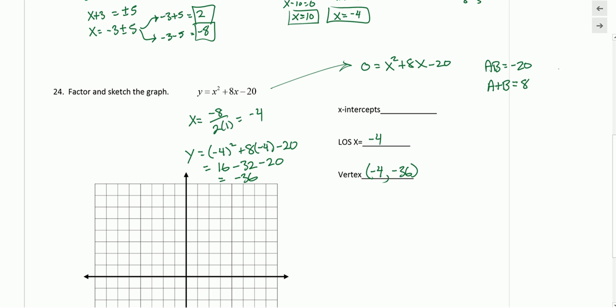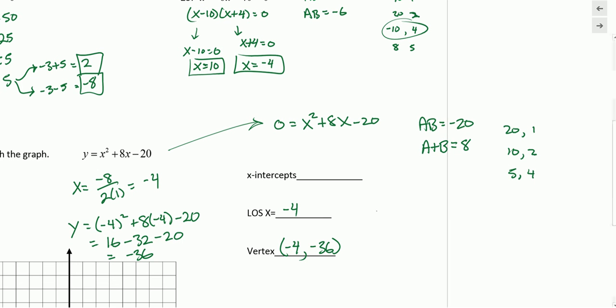Factors of 20 are 20 and 1, 10 and 2, 5 and 4. And if we subtract 10 and 2, we get 8. We want 10 to be positive, 2 to be negative.